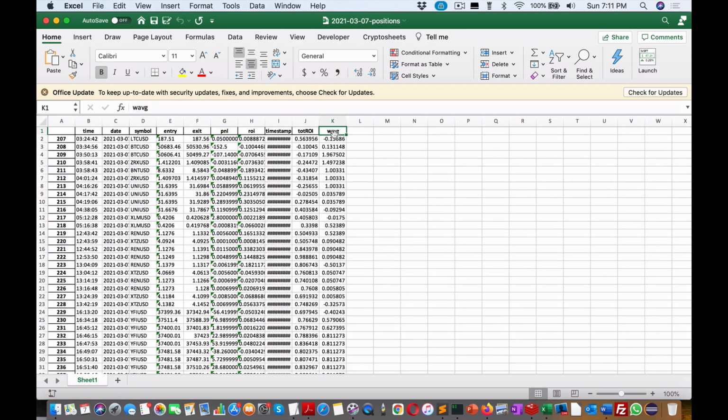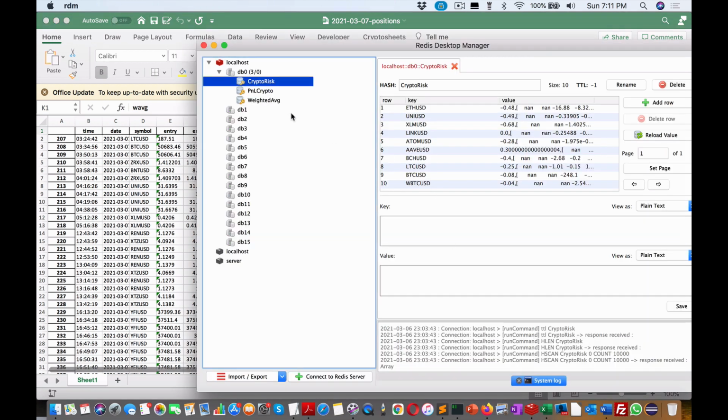Also important, I've updated my weighted average to include the top 10 coins by market cap that are traded on Coinbase. What I used to do was use Bitcoin, Bitcoin Cash, Ethereum, Litecoin, and Ethereum Classic.